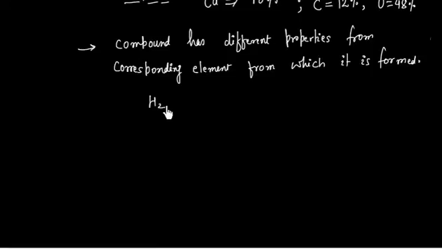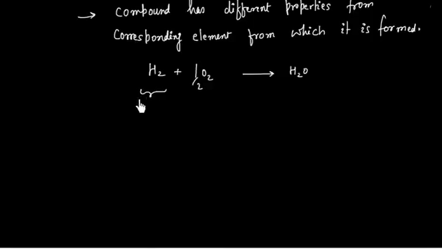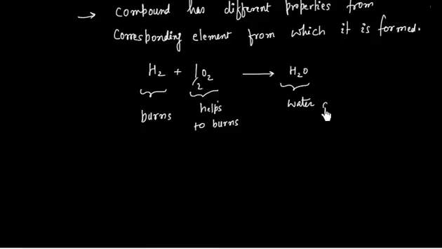So H2O can be formed from H2 plus O2, and this gives you H2O. You see, hydrogen basically burns. If you want to ignite, hydrogen can be ignited, it burns. Now oxygen helps to burn. But water does not support burning. So water dis-supports burning.